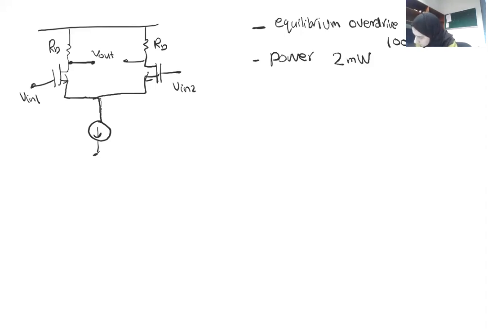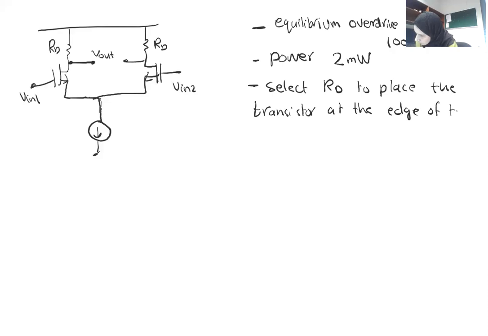We need to select RD to place the transistor at the edge of the triode region for an input common mode level of 1 volt.